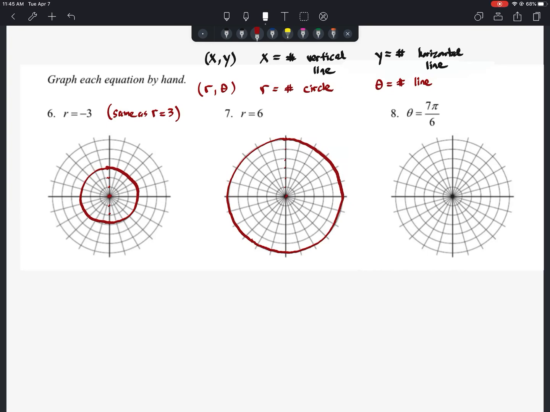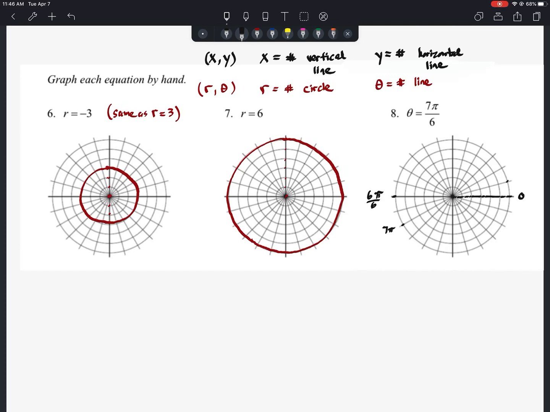All right, then the last one here says theta equals 7 pi over 6. So remember, we're still counting out from where this would be our 0 radians or 0 degrees over here. And when we count around, we know that 6 pi over 6 is over here because this is just pi. So to get to 7 pi over 6, remember it's 1 unit over there.